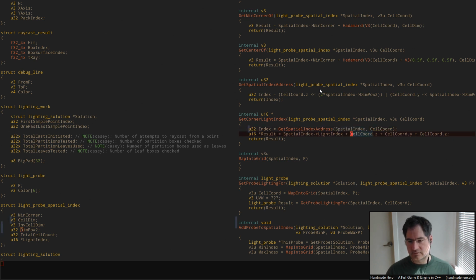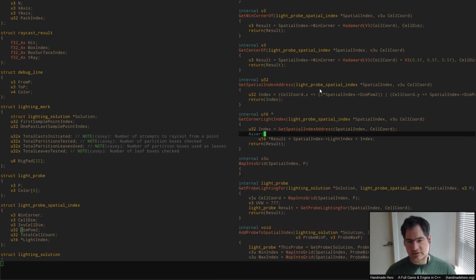Let's get that index in play, like so. What I can do here is say, look, let's put an assertion in. We know that the index has to be less than the dim pow2 multiplied out, right?